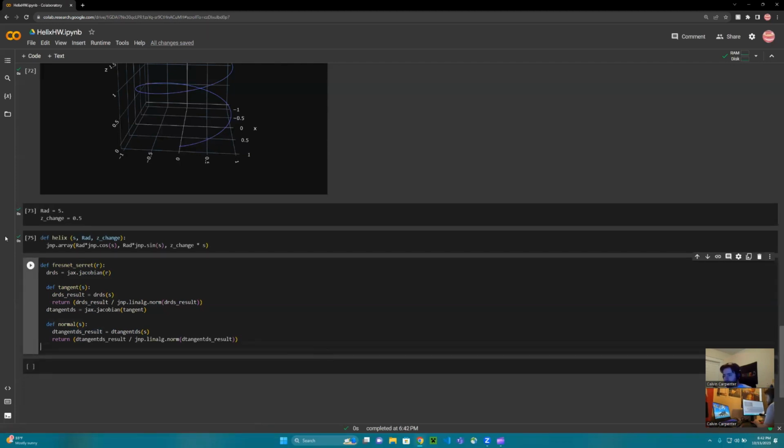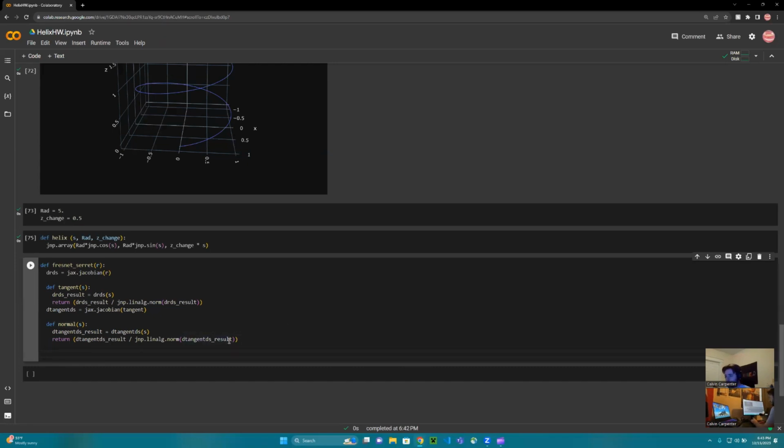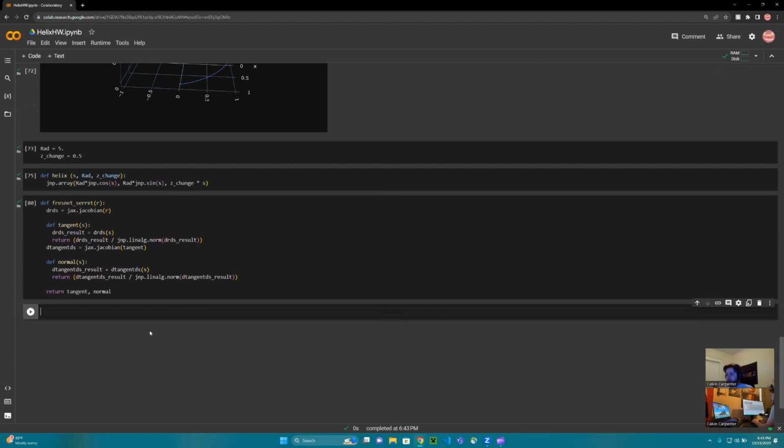So it should give us functions for our tangent and normal functions. Okay, the last thing we want our Frenet-Serret to do is return our tangent and normal.